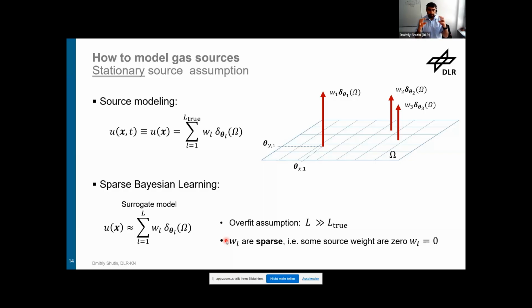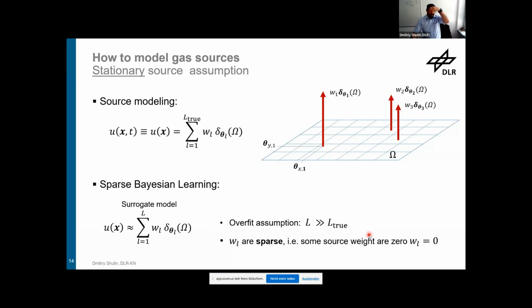What I will try to do now in the algorithm is use this assumption to estimate the number of active sources only. The inactive sources, those that have the weight 0, I will just ignore. There could be a million of them, but they're not interesting. Those that are non-zero will be an estimate of the true number of sources in the model.